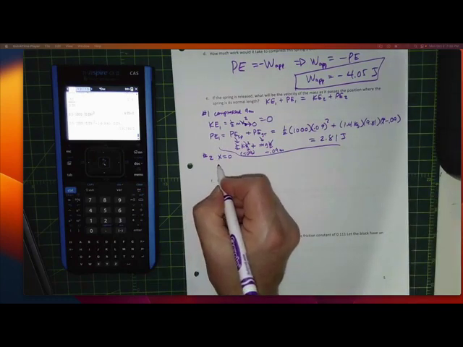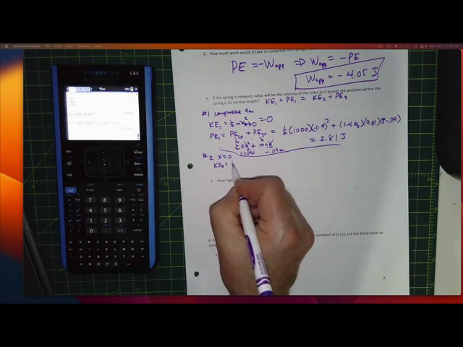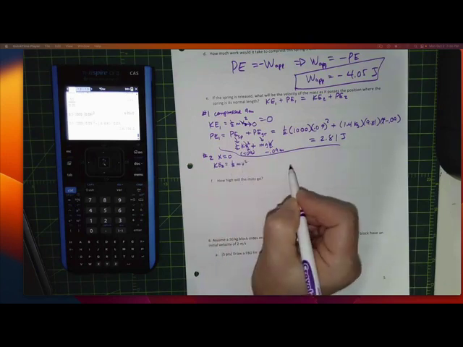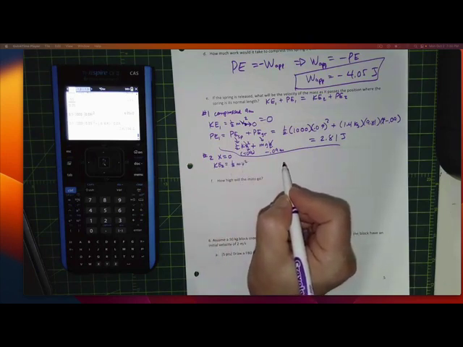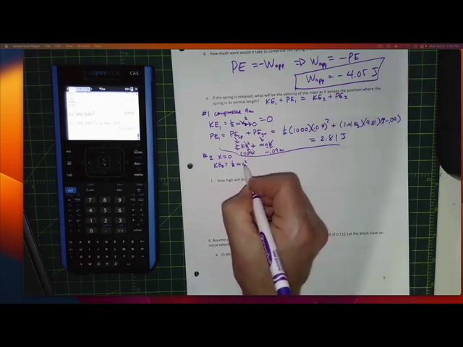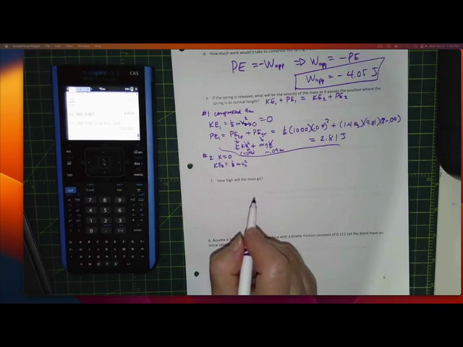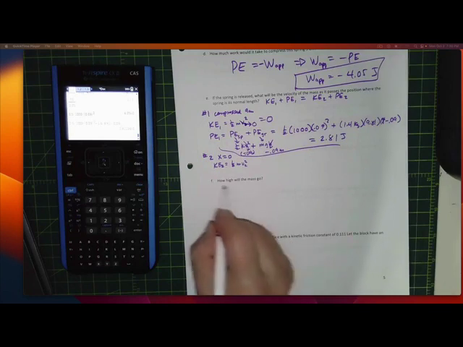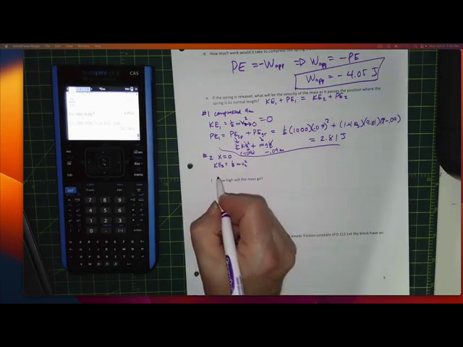Condition 2, kinetic energy 2 equals what? Always 1/2 mv squared. That's what we're looking for, the velocity when it passes the normal length, so we'll leave that as a variable for now.